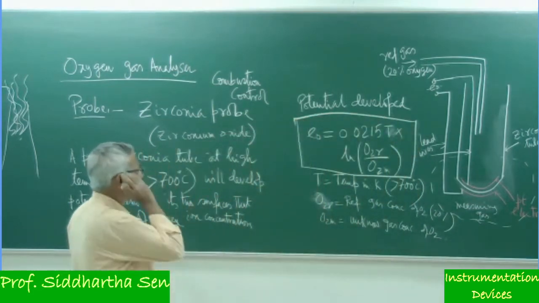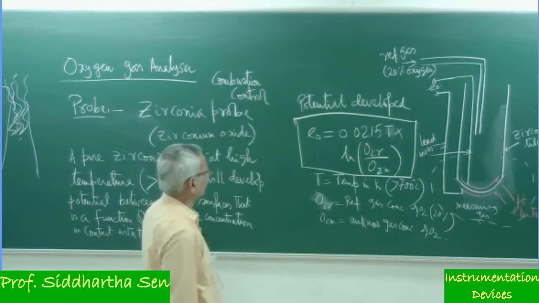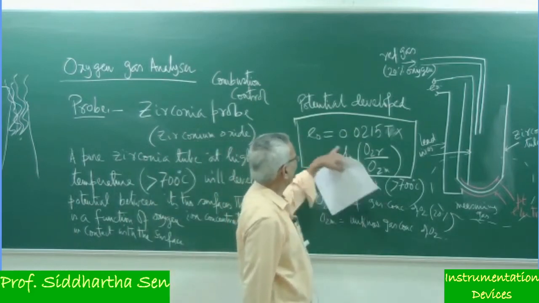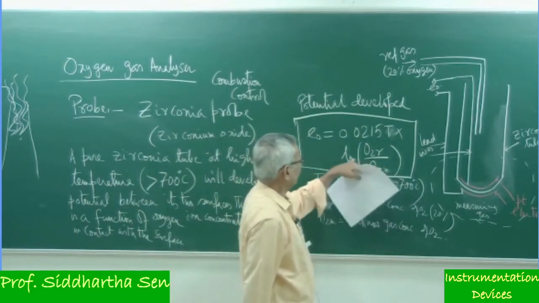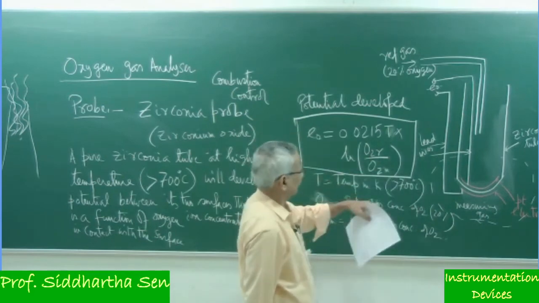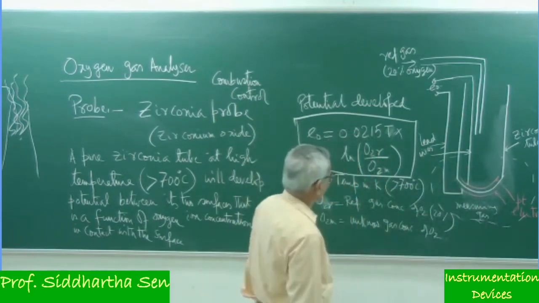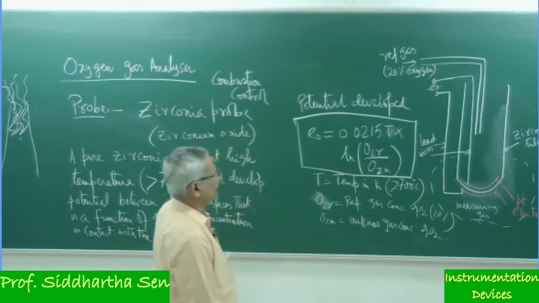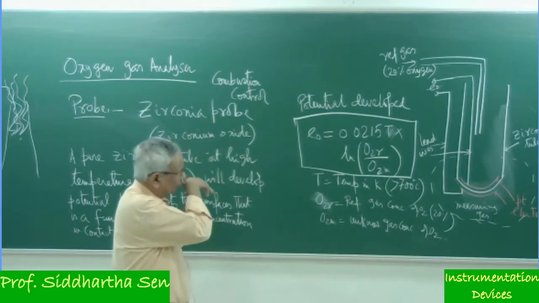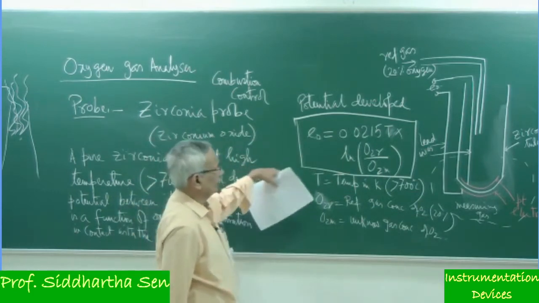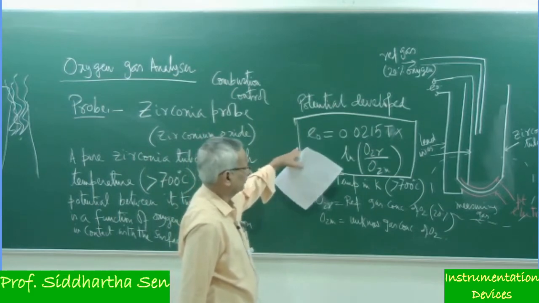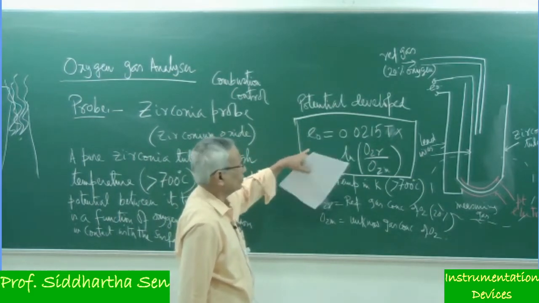So basically, if we look at this equation, though maybe the coefficients may be different, it looks as if two potentials have developed, one on the outer surface and one on the inner surface, and we are measuring the difference of these potentials. So basically two half cells, similar to Nernst equations.